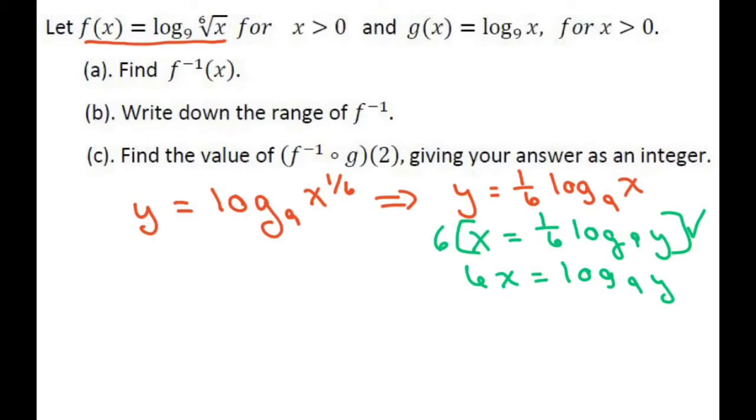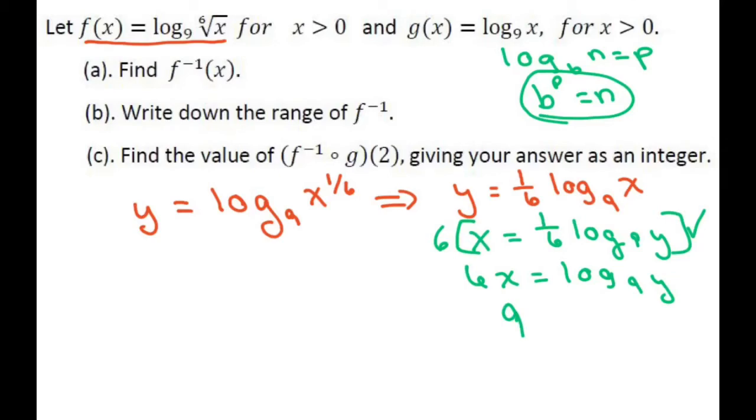And what I'm going to do is change this to an exponent, because I know that log base of a number equals our power. I can write this as base to the power equals n. So my base is going to be 9, my power is going to be 6x, and it equals y, which is our f inverse.